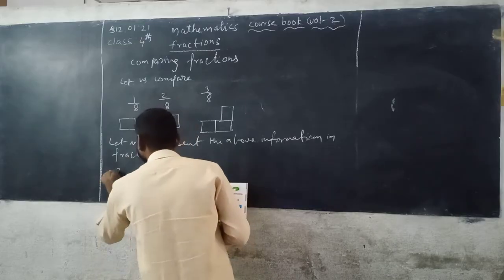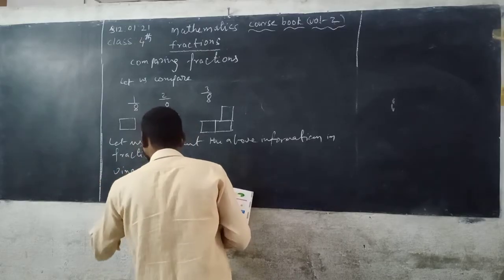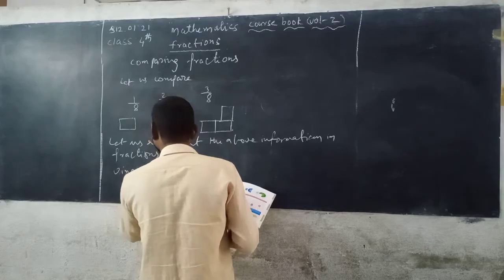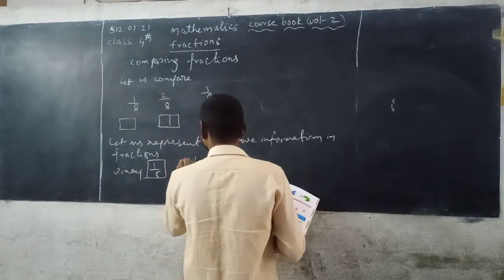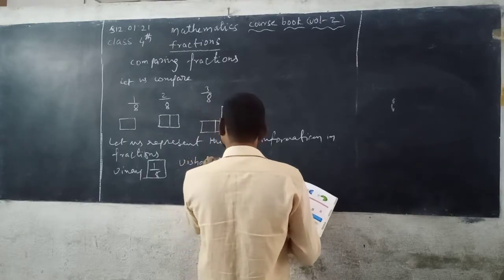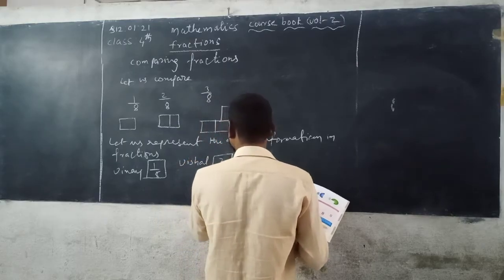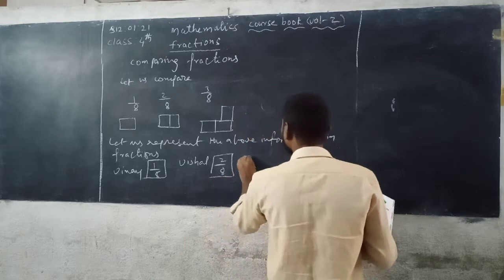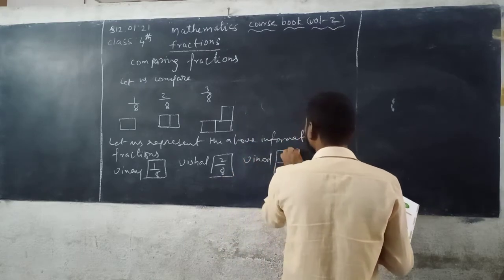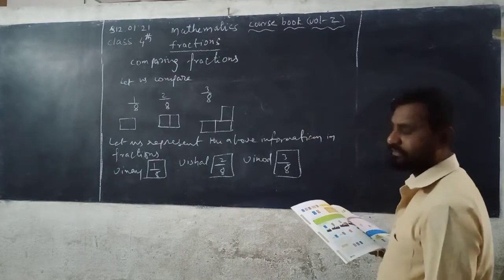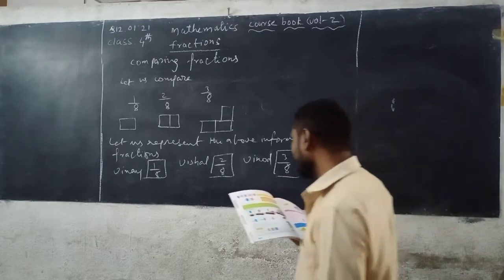See, Vinay 1/8. Next Vishal 2/8. Next Vinod 3/8. Who got more chocolates? Vinod. See here, denominators are same.